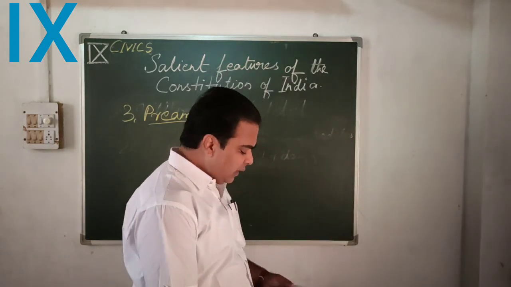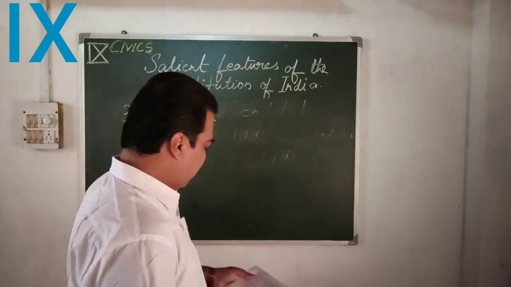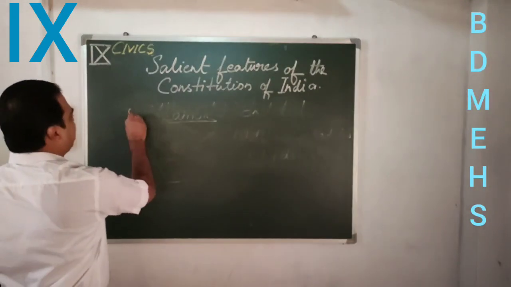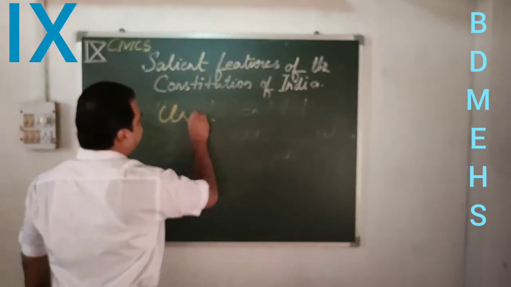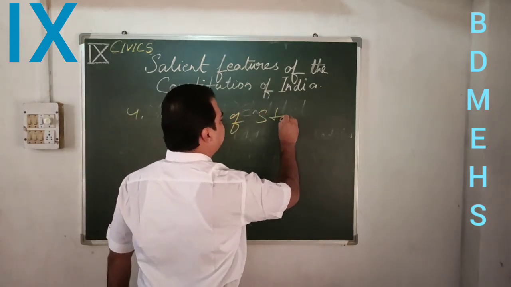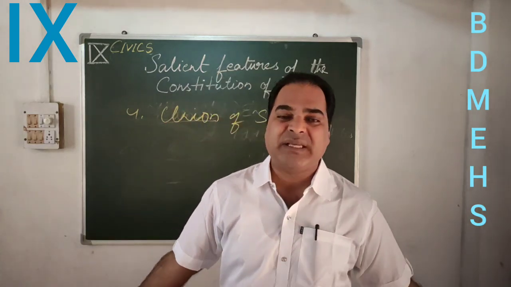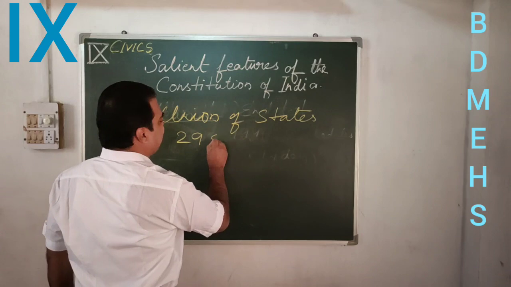Okay. Now the next one we have is number 4. Number 4 important feature, India is a union of states. So many states we have. So how many states are there? At present we have how many states? 29 states.